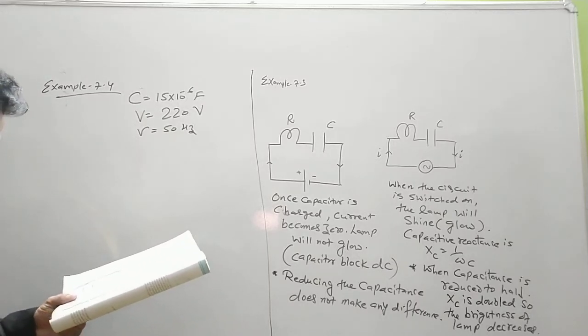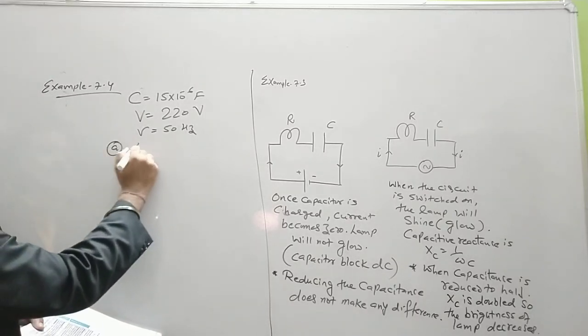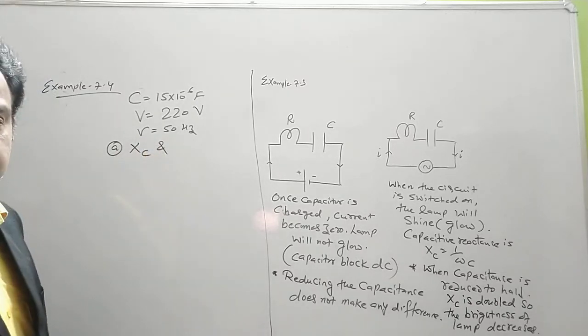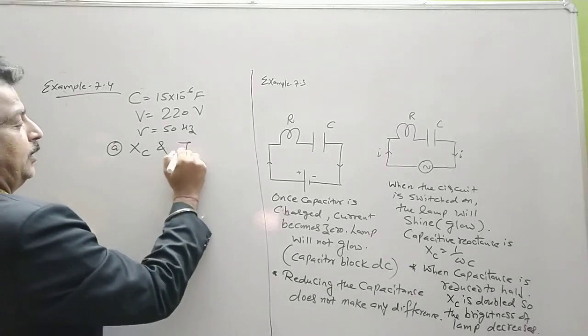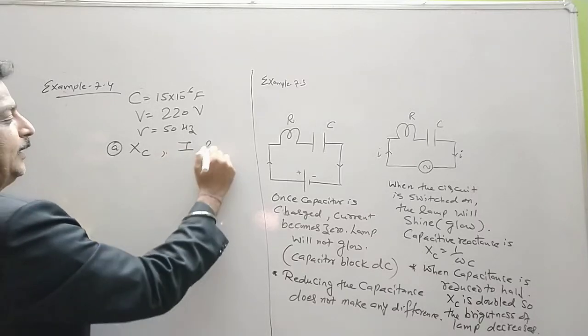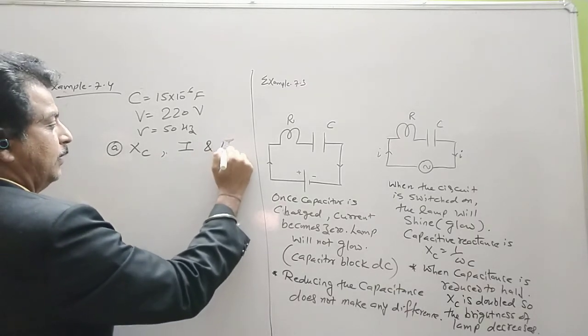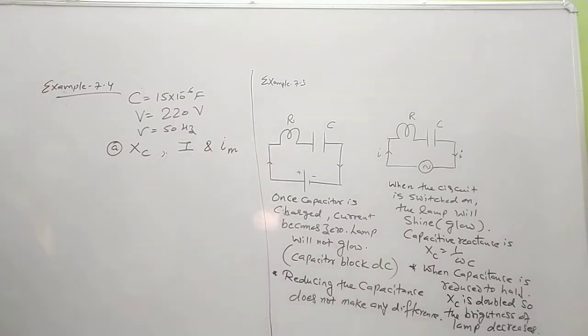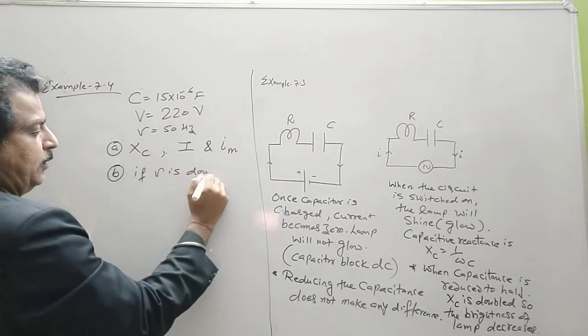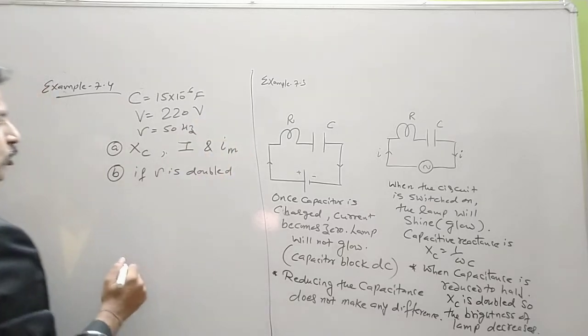Find the capacitive reactance Xc, and the current, that is RMS as well as peak. So we have to find three quantities: Xc, I RMS, and I peak. What happens to the capacitive reactance and the current if the frequency is doubled? In the second case, if nu is doubled, again we have to find all three quantities.